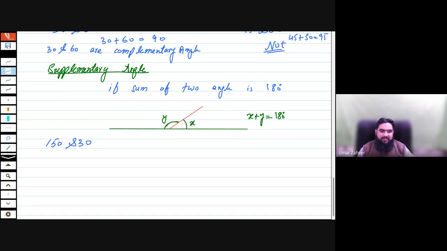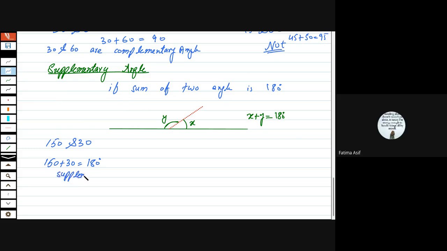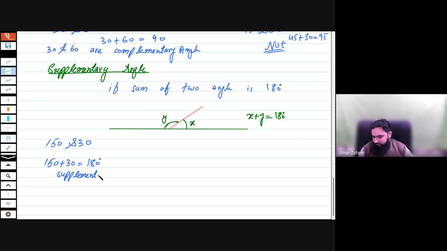We have to check whether it is supplementary or not. 150 plus 30 is 180. This means that they are supplementary angles.